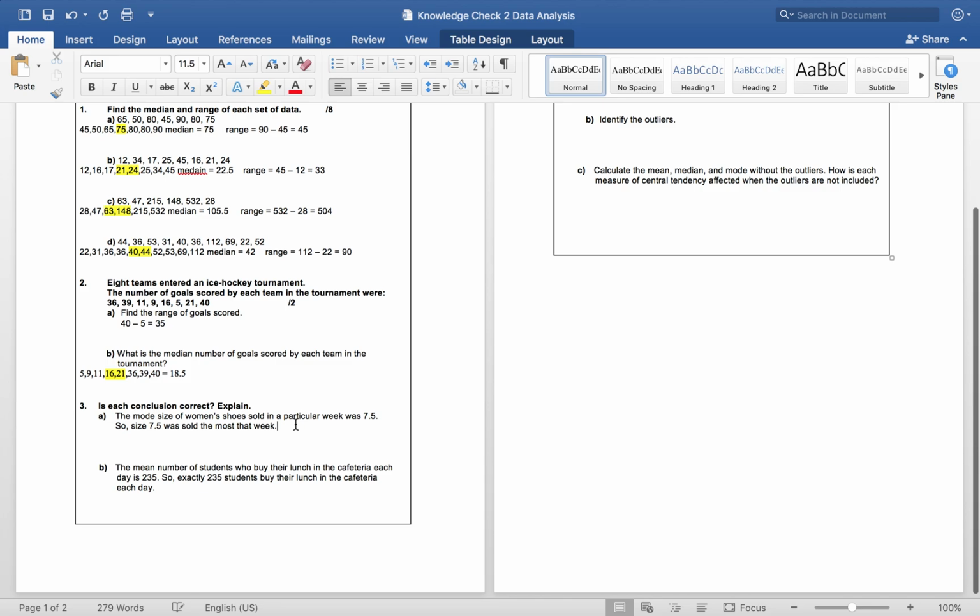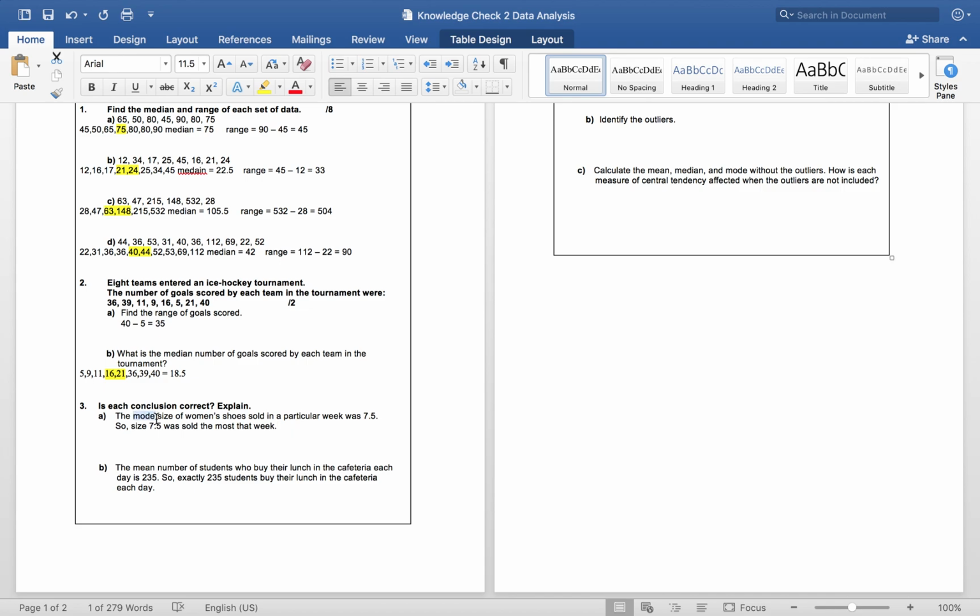Number 3. This one's just asking us a couple questions, making sure we kind of know these terms. So is each conclusion correct? Make sure we explain ourselves. The mode size of women's shoes sold in a particular week was 7.5. So the size 7.5 was sold most that week. Does that make sense? Well, the word we want to look at here is mode.